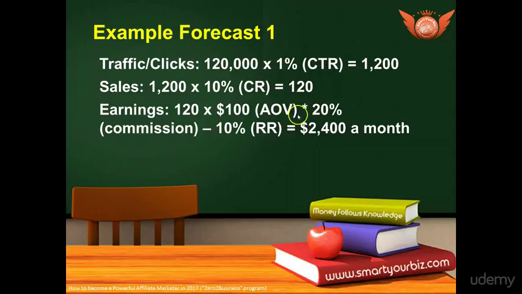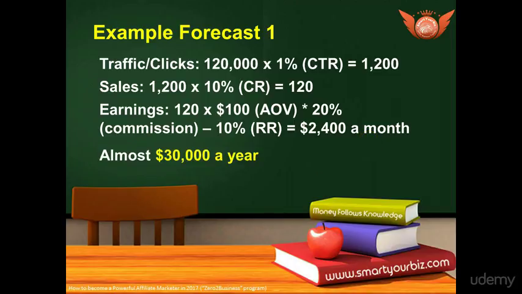And let's say each sale's average value is $100. The earnings will be 120 sales multiplied by $100 and then multiplied by 20% commission, and assuming a 10% reversal rate, all this will result in $2,400 as monthly earnings, almost $30,000 a year.